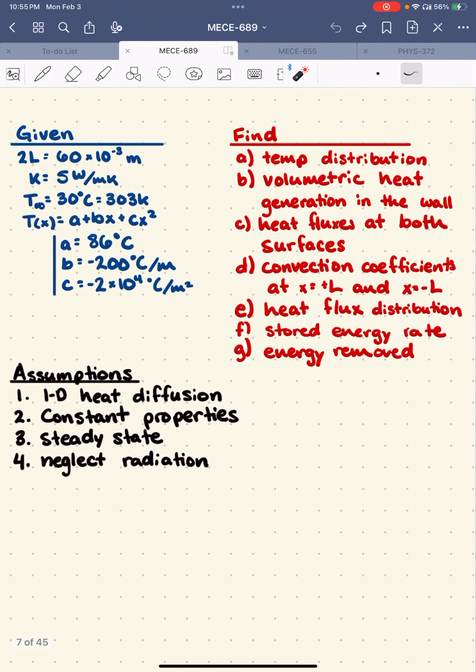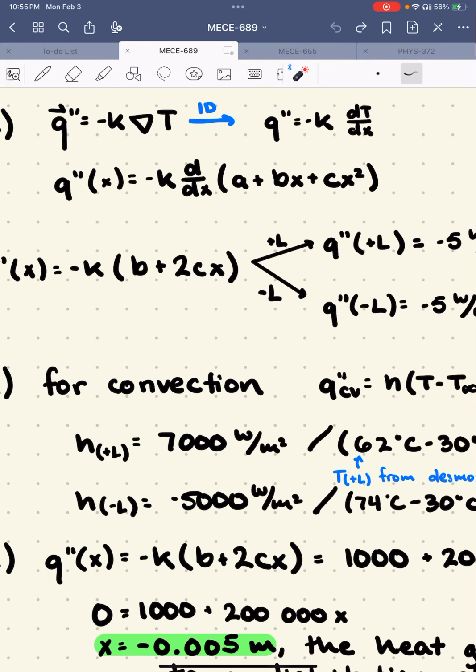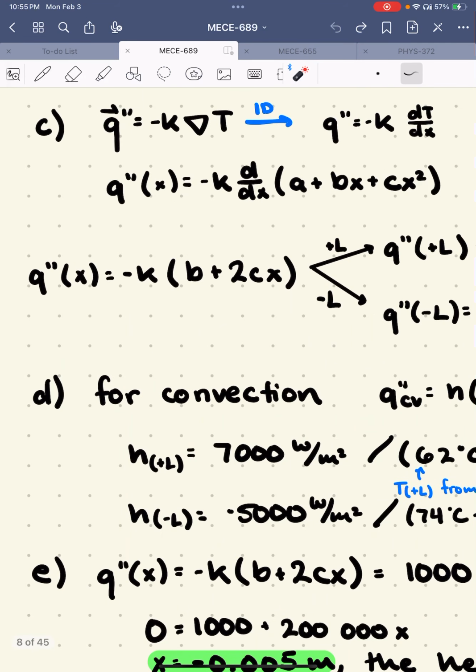Part C is looking for the heat fluxes at both surfaces. So in order to do that, we're taking the 1D heat equation, which is q double prime is equal to negative k times dT/dx. We know T is this equation here, so taking the first derivative of it this time, we get that q double prime is equal to negative k times (B plus 2Cx).